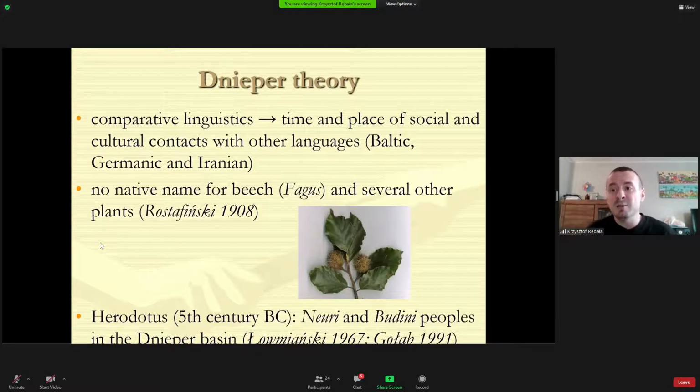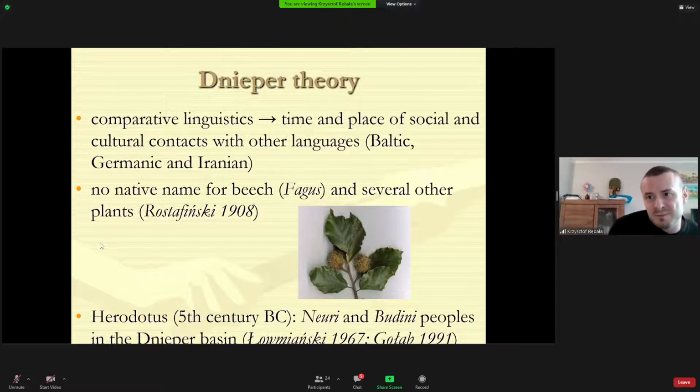And we know from historical sources that some Iranian speakers lived at the seashore of the Black Sea. So it's more likely that Slavs must have lived at the Dnieper than at the Vistula and Oder, because Vistula and Oder are rivers far away from the Black Sea, and from the Iranian speakers.